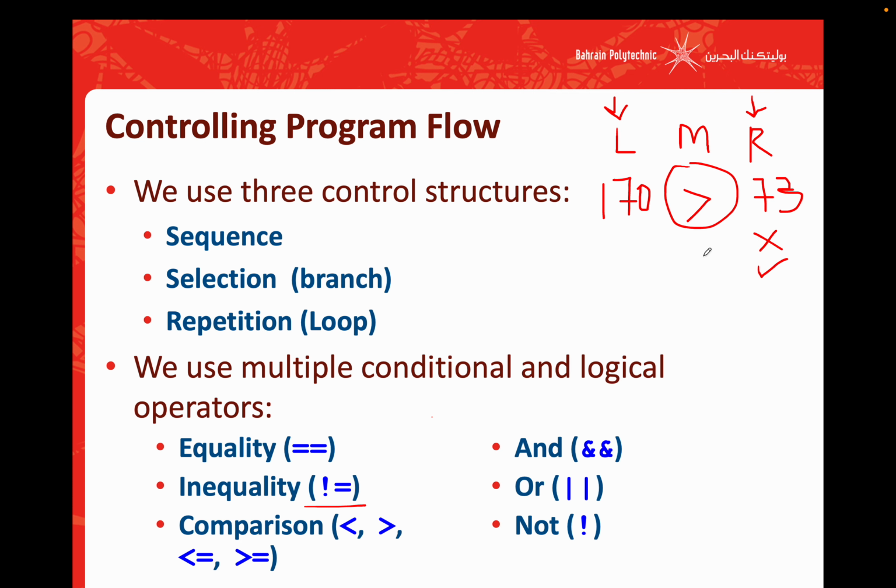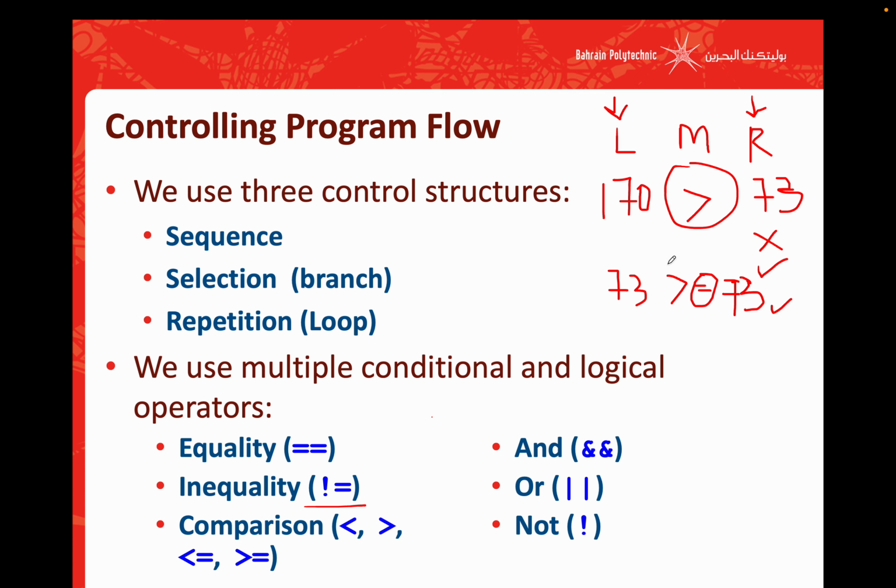Similarly, we have the other comparison operators, which are less than or equal to, greater than or equal to, and so on. So in this case, let's say 73 is greater than or equal to 73. Now 73 is not greater than 73, but it is at least equal to 73, so you will get true.